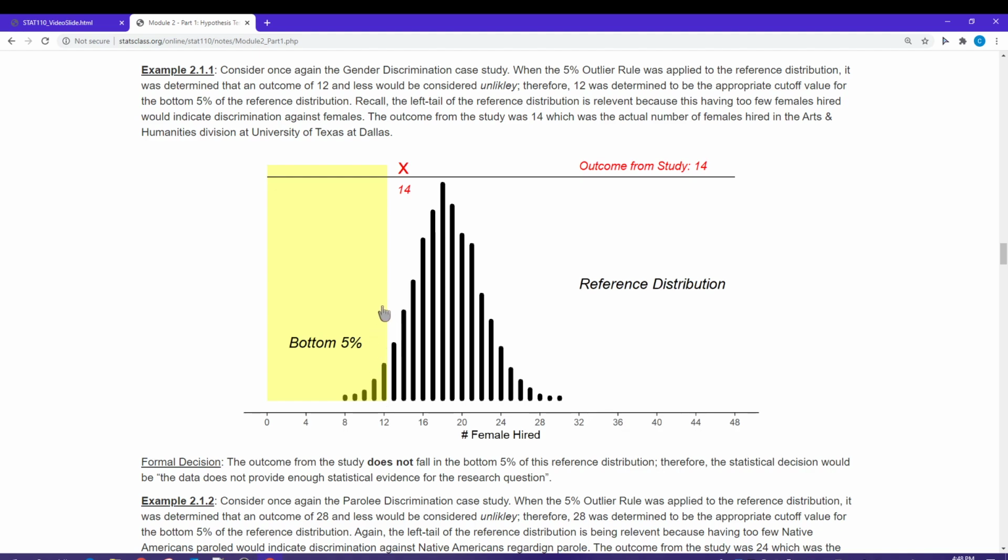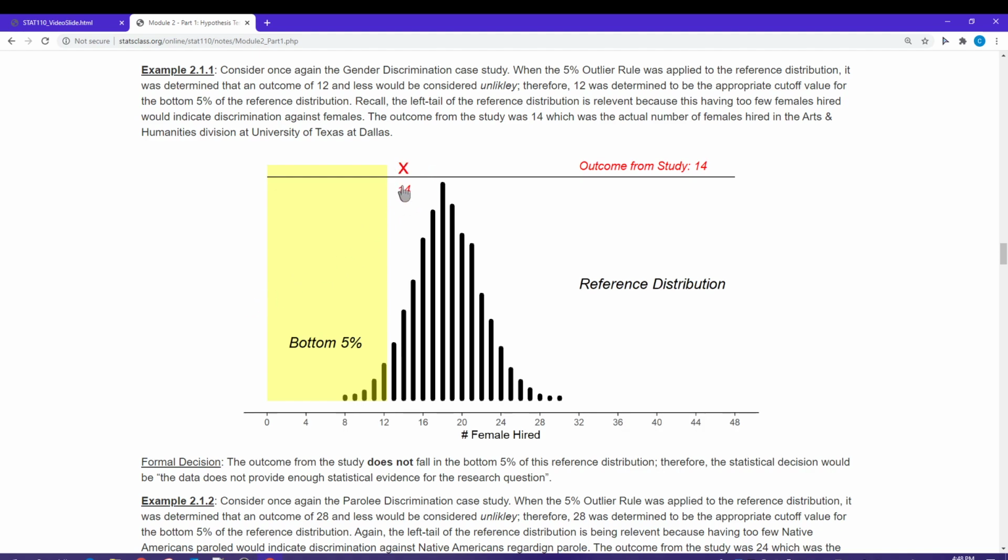The bottom 5%, I believe, that we obtained was 12 or lower. So this outcome from my study does not sit in that bottom 5%. So in the gender discrimination example, we did not have enough evidence for the research question. We did not have enough evidence to say that discrimination was taking place. It was kind of close, but it's not within that region.